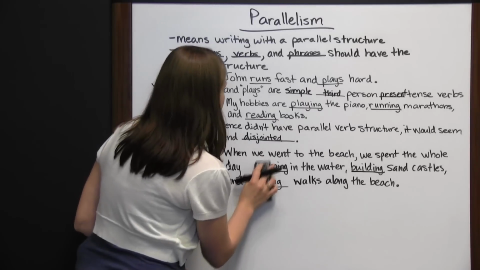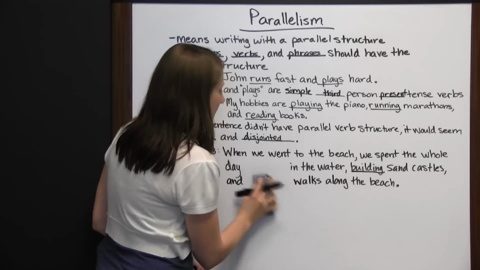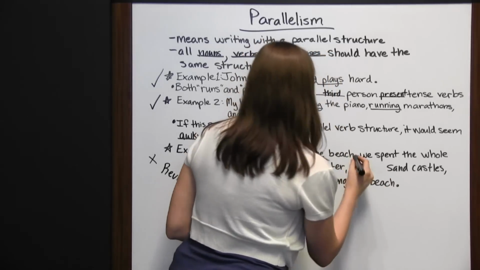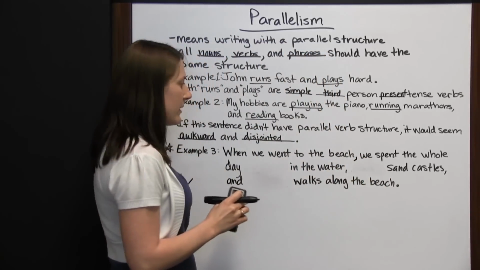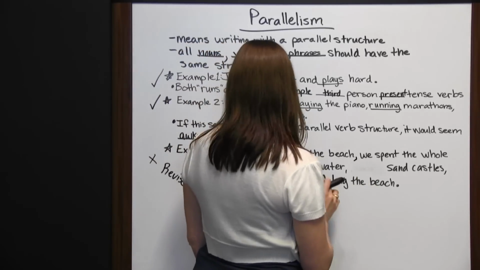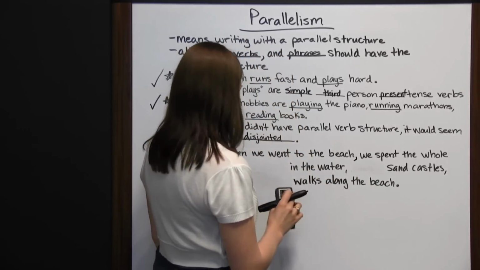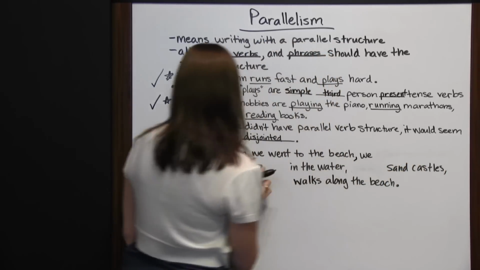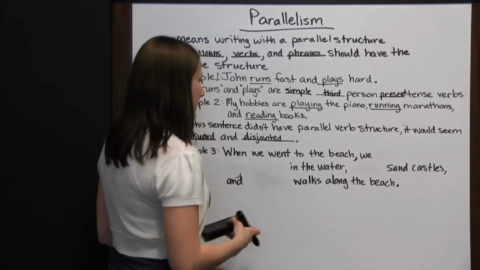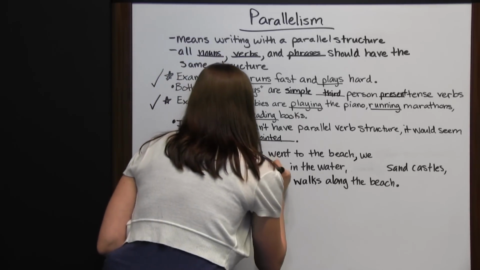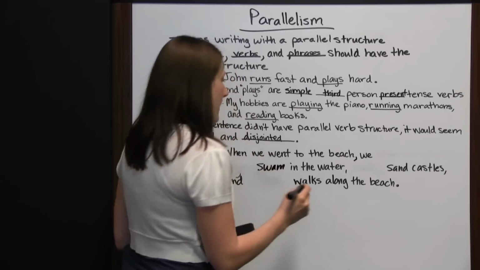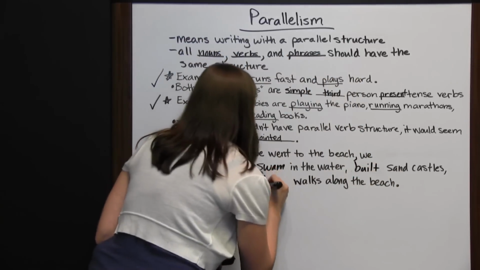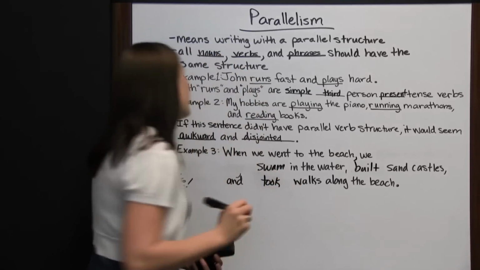So if we took them all out and we came up with a different way, we're going to take out even more of it to make this one make sense. When we went to the beach, we swam in the water, built sandcastles, and took walks along the beach.